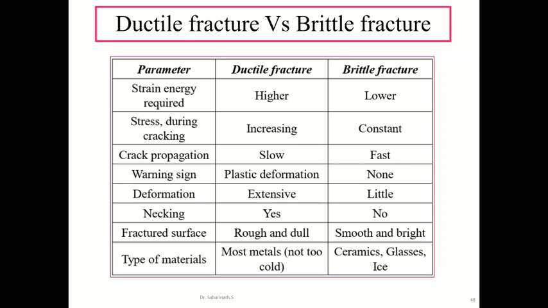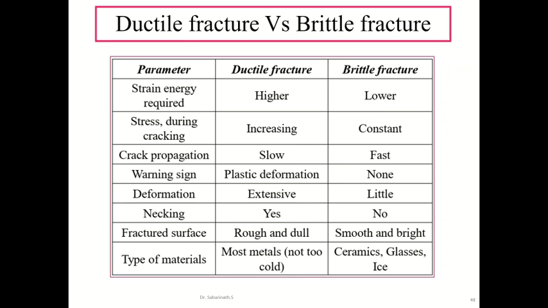Now let us see the difference between ductile fracture and brittle fracture. Ductile fracture requires a high strain energy, but brittle fracture requires a lower strain energy compared to ductile fracture.